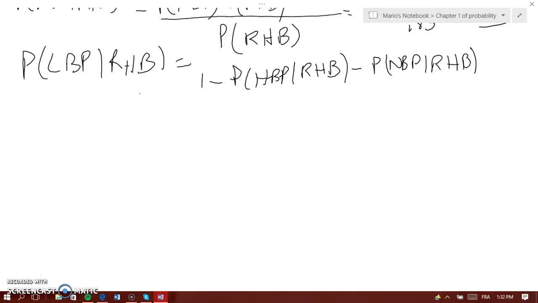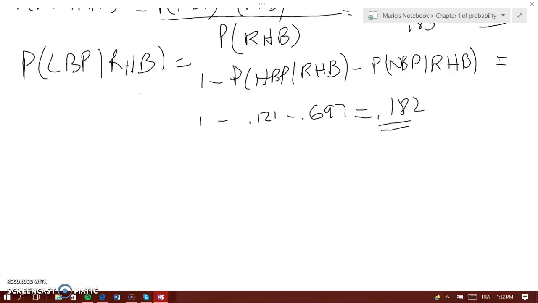That will be equal to 1 minus 0.121 minus 0.697, which is equal to 0.182.